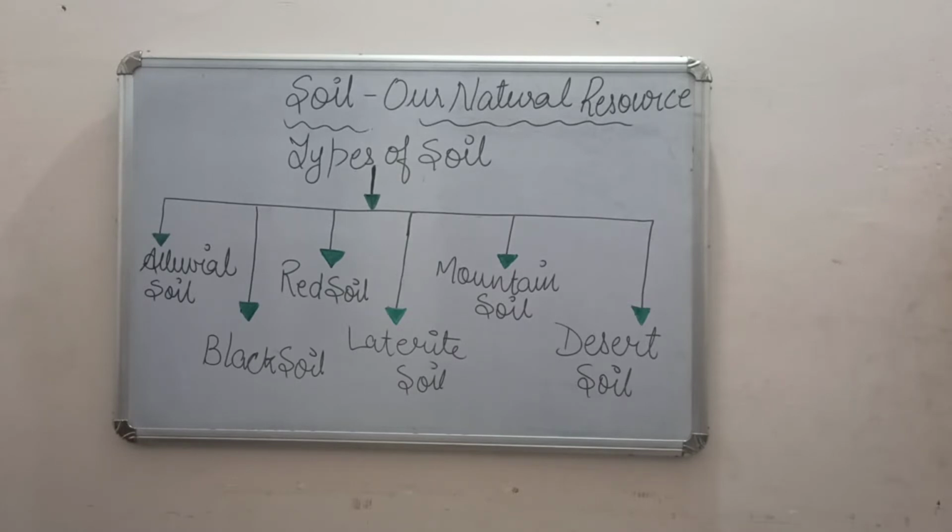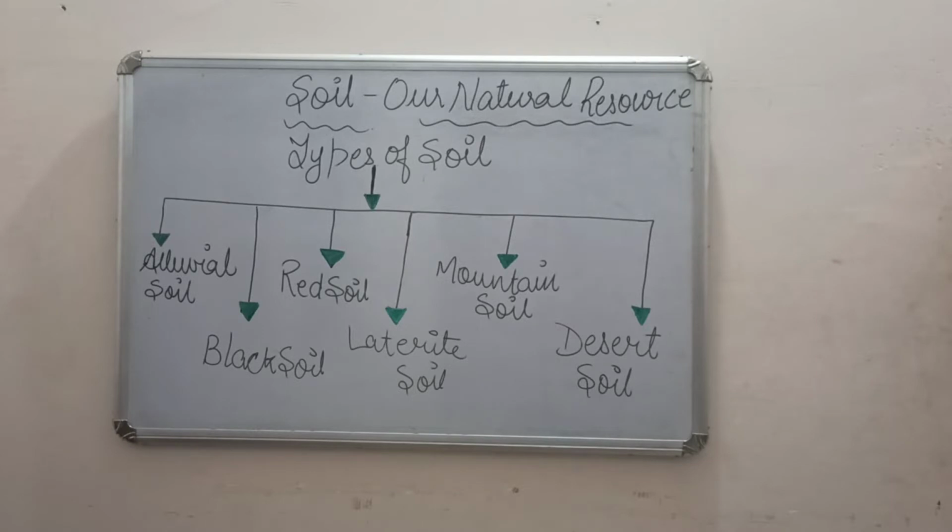Yes, soils differ from place to place, and their types and thickness also differ. So if we talk about the map of India, we can understand that the soils are different at the different regions.